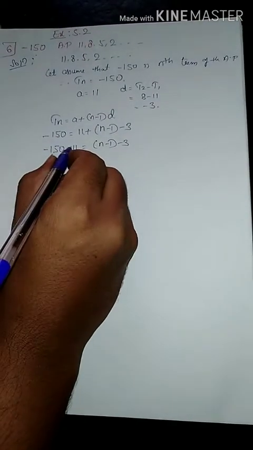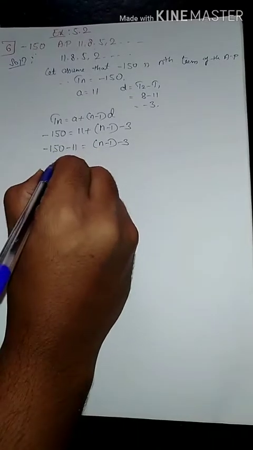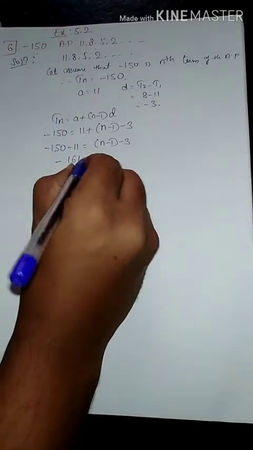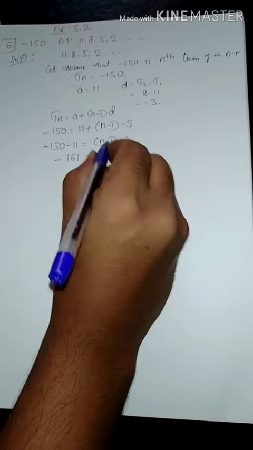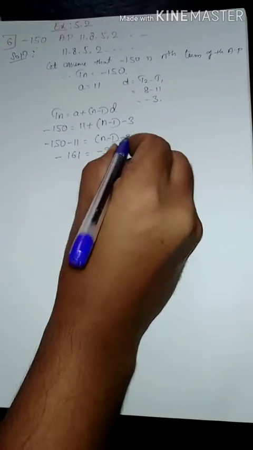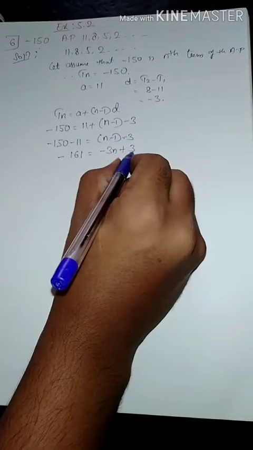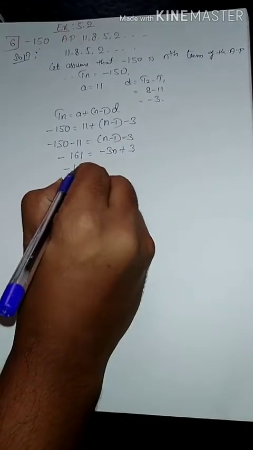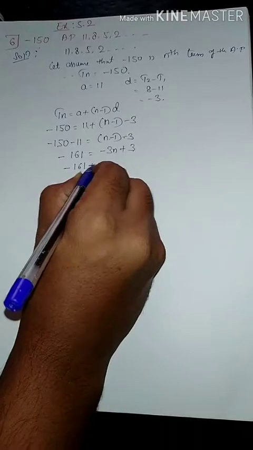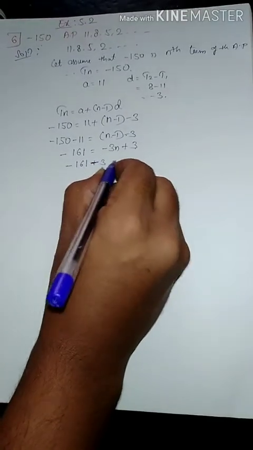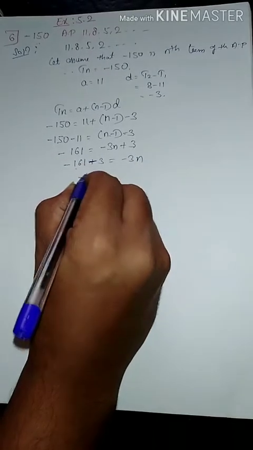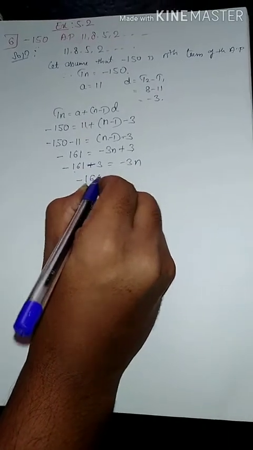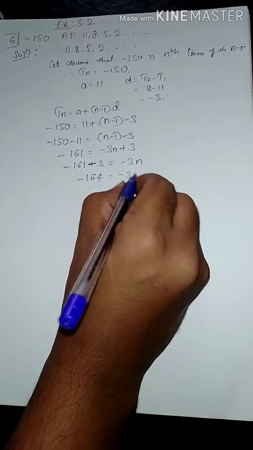Multiplying out, minus 3n plus 3. Plus 3 moves to the left hand side, so minus 161 minus 3, minus 164, is equal to minus 3n.